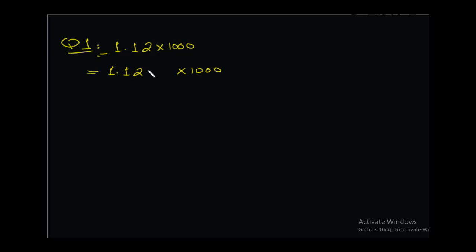So we can introduce a zero at the end of this number, because whenever we have a decimal point, we can add as many zeros as we want. So we can add a zero for the completion of the step movement. So we have 1.120 at the end of this number. So when we move this point, the point will move 3 places and it will be out from the number, and the final answer is 1120. This is the final answer.